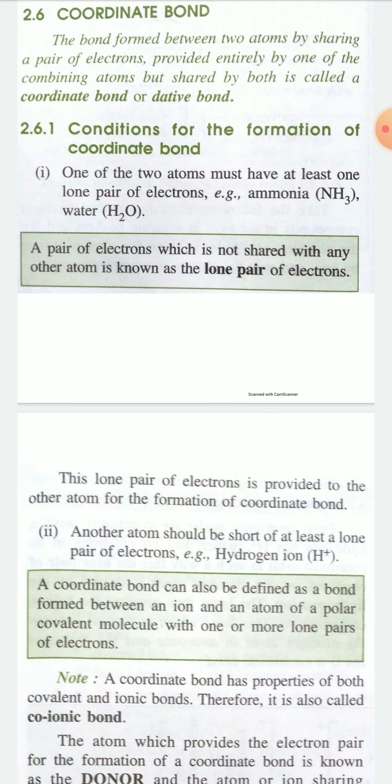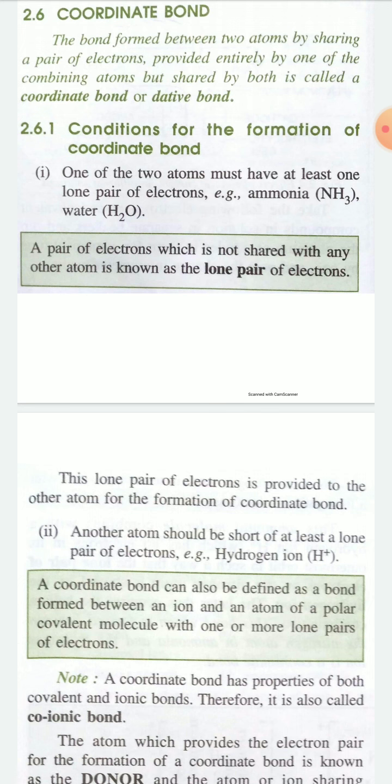First point: one of the two atoms must have at least one lone pair of electrons, and this lone pair is provided to the other atom for the formation of the coordinate bond. The other atom should be short of at least a lone pair of electrons.